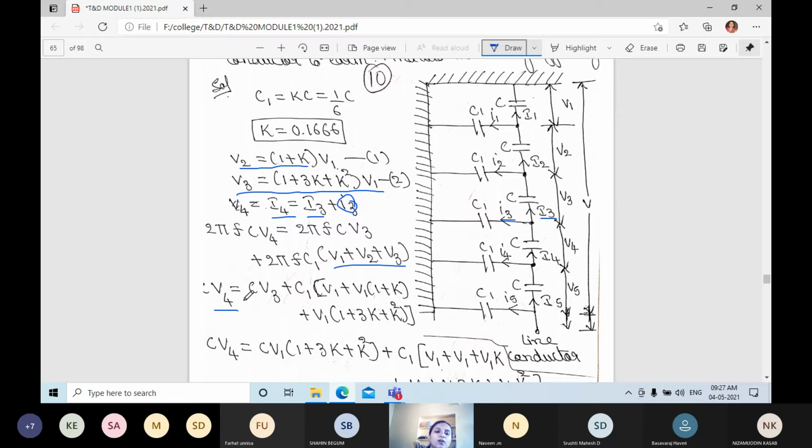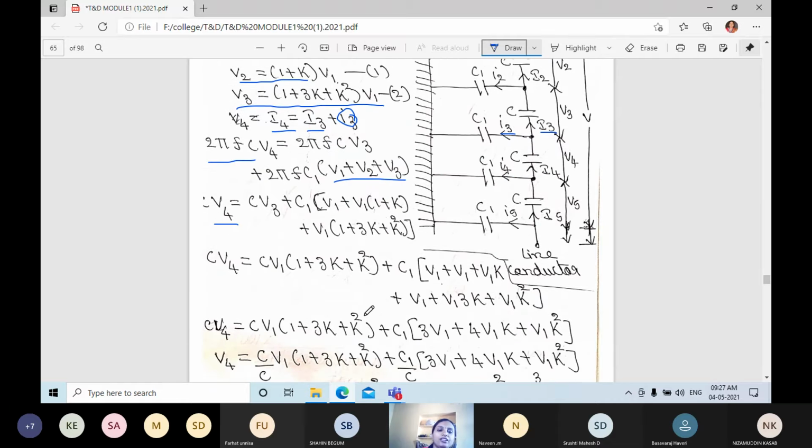Next, V4 is equal to, from this the 2 pi F get cancelled. So CV4 is equal to CV3 plus C1 open bracket V1 plus V2 plus V3. Here V2 is V1 into 1 plus K, and V3 is V1 into 1 plus 3K plus K square. That is the V2 value and V3 value. They have substituted the values of V2 and V3.